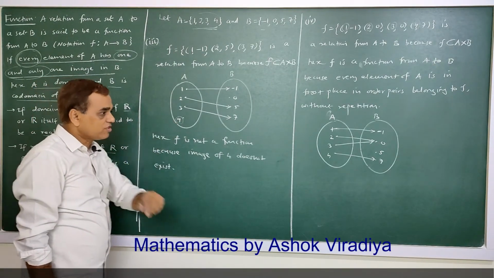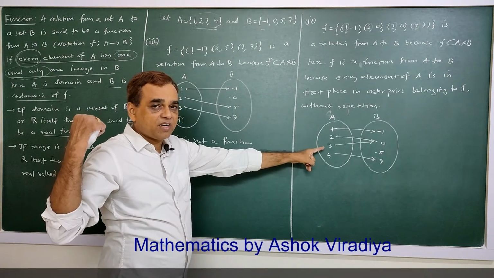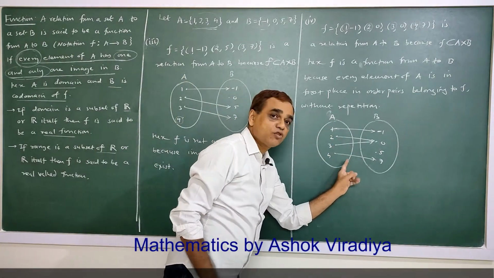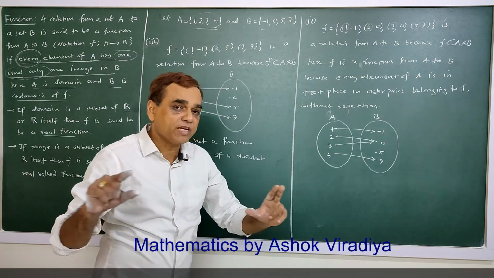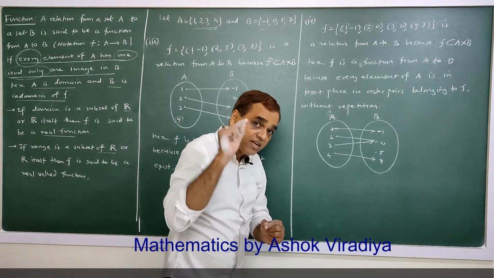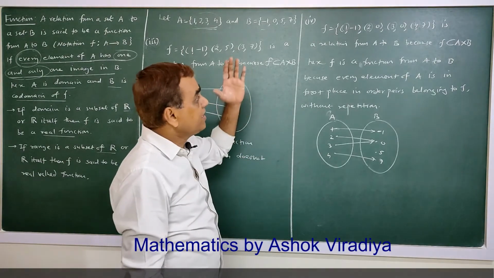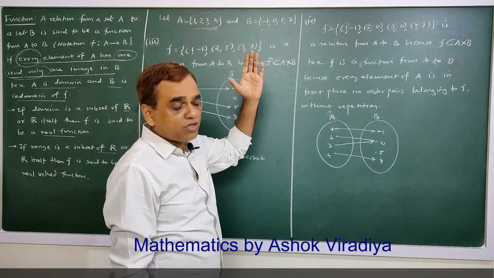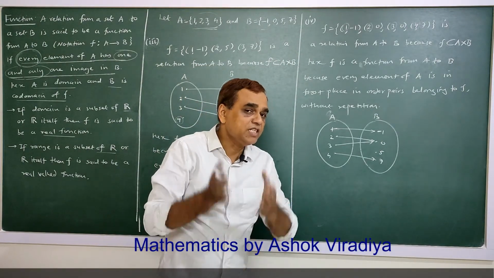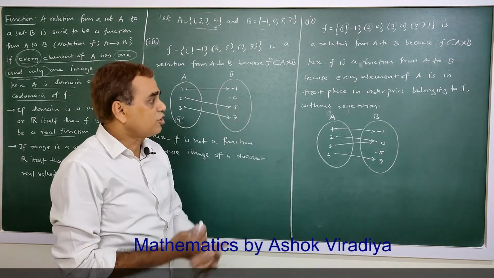Here the earlier one is not a function, and here this is a function, because both conditions are satisfied. From every element one and only one arrow is coming. From no element do 2 or more arrows come. That means, observe only first place: every element of the first set must be in first place without repetition. So this is a function.